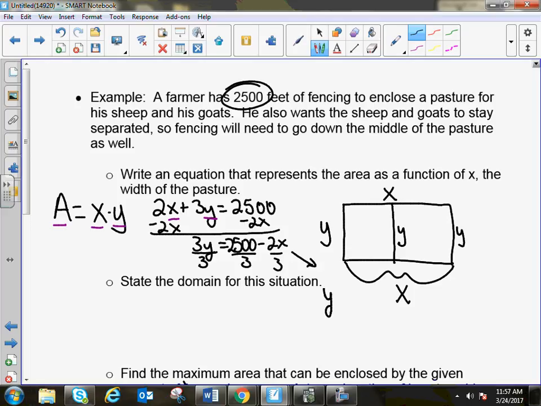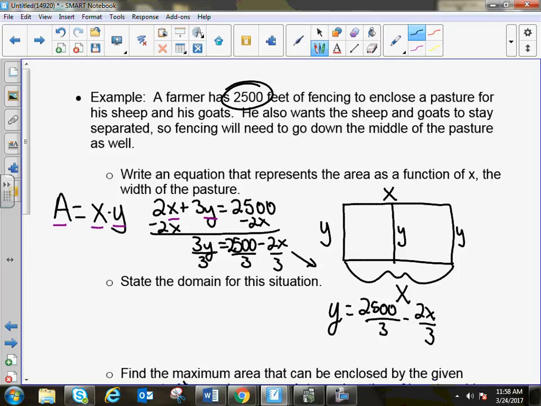So we have y equals 2,500 over 3 minus 2/3 x. I don't like to leave it like that, so I'm going to write it again. y equals 2,500 divided by 3 minus 2x over 3.